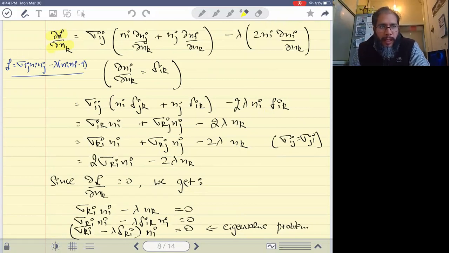When you take the derivative of the first term with respect to n_k, you apply the chain rule.